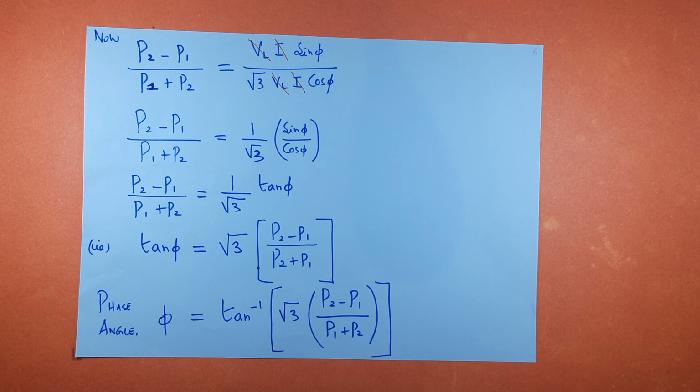So once you know the phase angle, you can very easily find out the power factor. What is power factor? Power factor is nothing but cos phi. So you find the value of phi using this relation, and then you take the cos phi, that will give you the power factor.